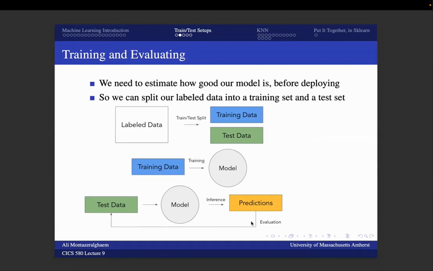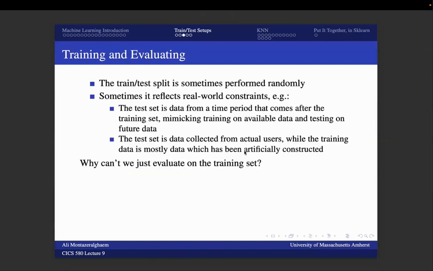You just need to keep in mind that we need to split the labeled data into two non-overlapping sets, a training set and a test set, using training data to train the model, and test data to test the model.